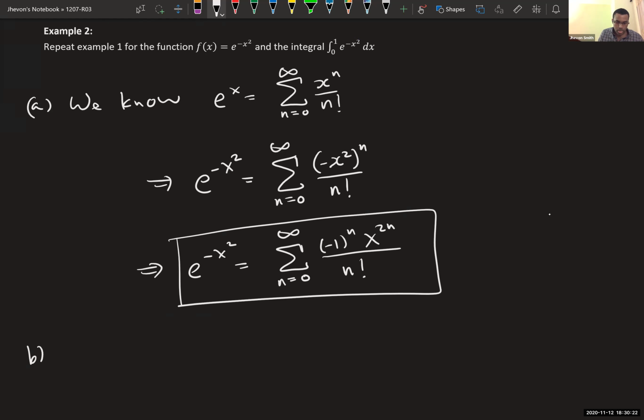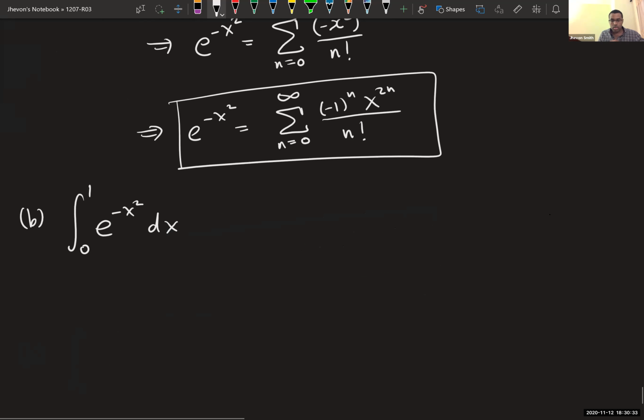And B, if I wanted to figure out the integral from 0 to 1 of e to the minus x squared, then I could just realize, oh, that's the same as integrating this series.